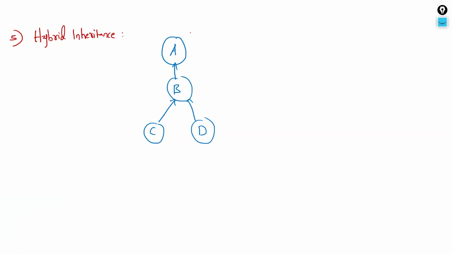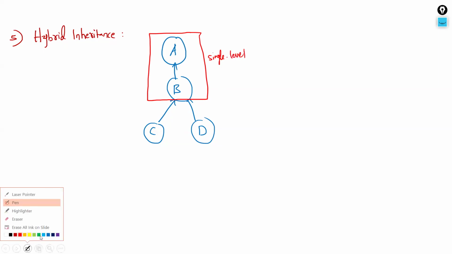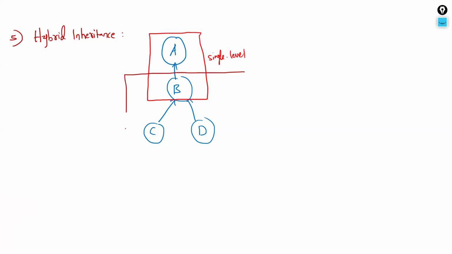This A and B combination is single level. Then the other combination, B and C, D, is what type of inheritance? Hierarchical.